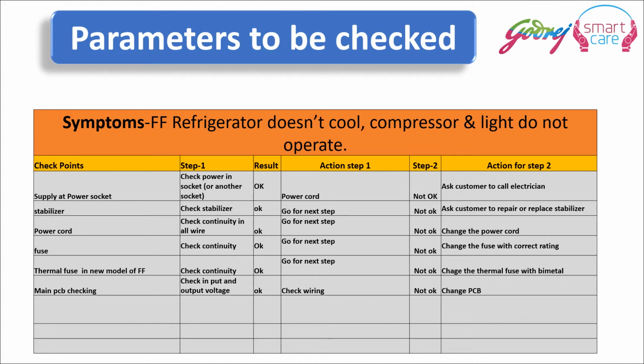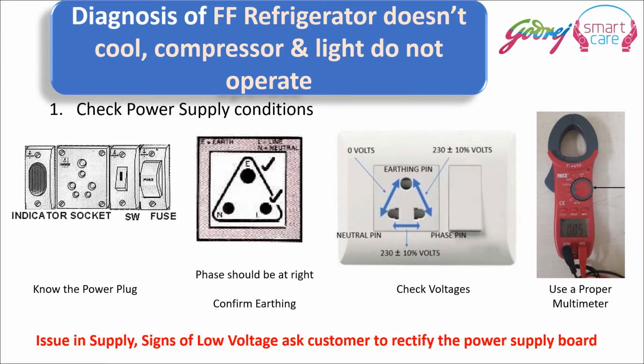Now we will start to check each one of these failure modes in their own particular way. The first step that we have to take is to check the power input to the refrigerator. The phase should be to the right, the neutral should be to the left, and the earthing at the top.